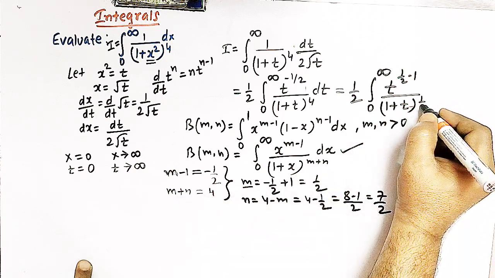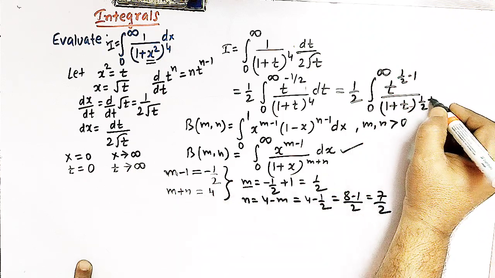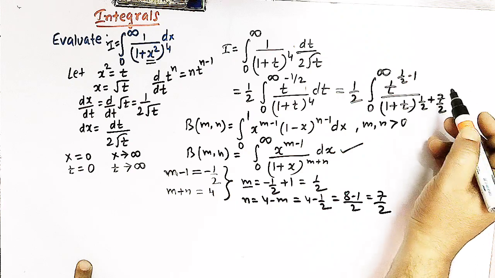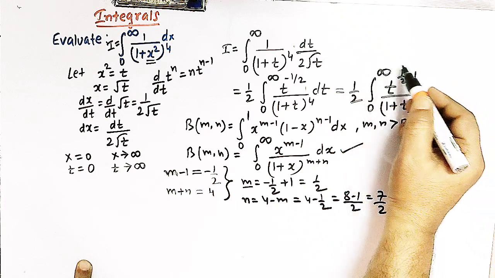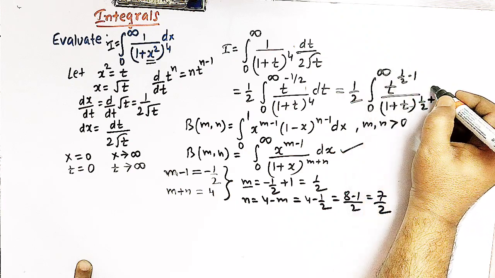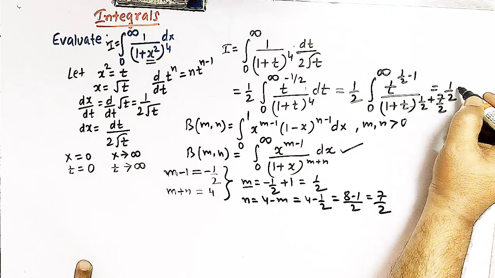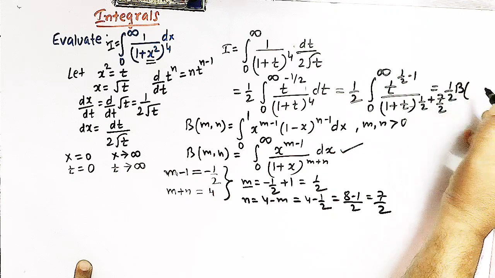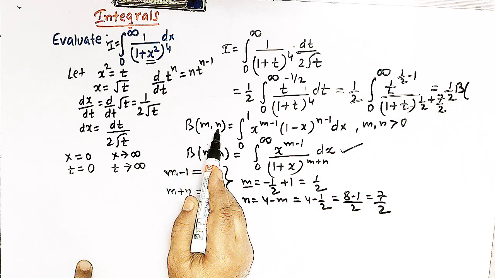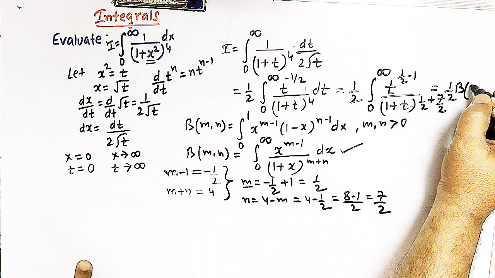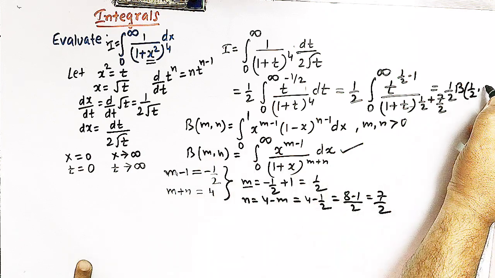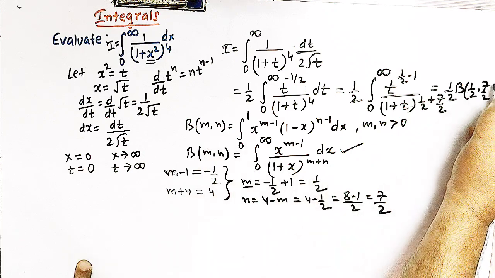So here we have half plus 7 over 2. So now this integral is our beta function. So we can now write here half, and here we have beta of m comma n, and m is half and n is 7 over 2.